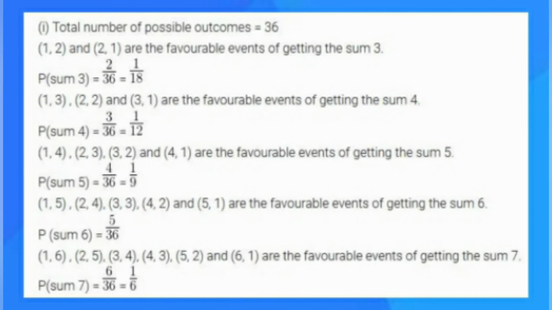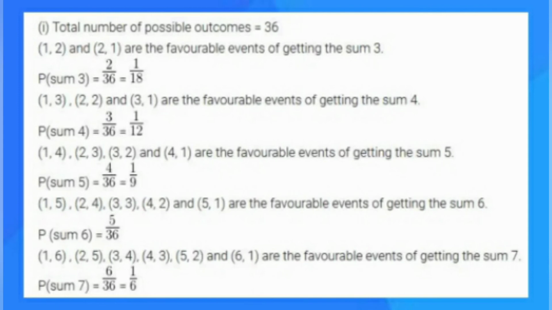Next, the sum must be 5. When will you get 5? (1,4), (2,3), (3,2) and (4,1) are the favorable outcomes. Therefore, the answer is 4 by 36. And the sum must be 6. When will you get 6? (1,5), (2,4), (3,3), (4,2) and (5,1).